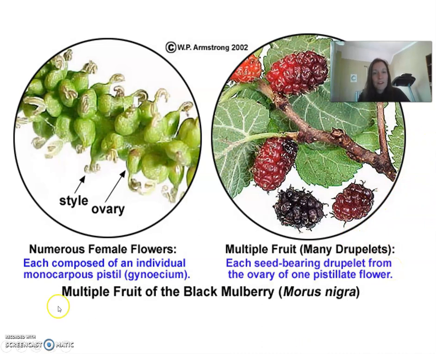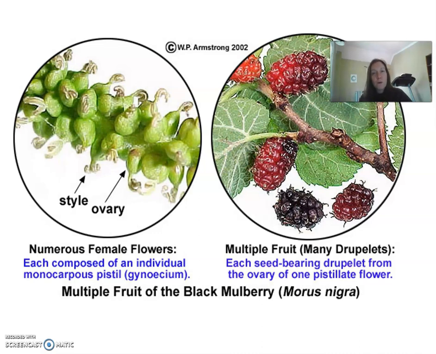And here's another example with some multiple fruits. We've got black mulberry with numerous female flowers shown on the left, resulting in the multiple fruit on the right. Now, mulberries look a lot like raspberries, but the way that they are formed through that multiple female flower assemblage makes them very different.